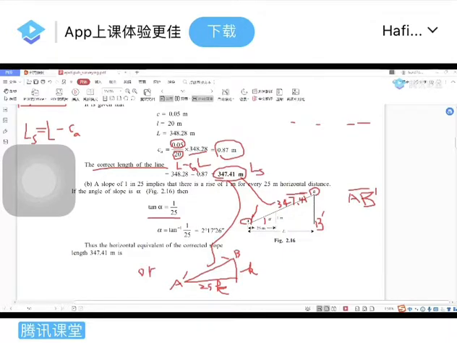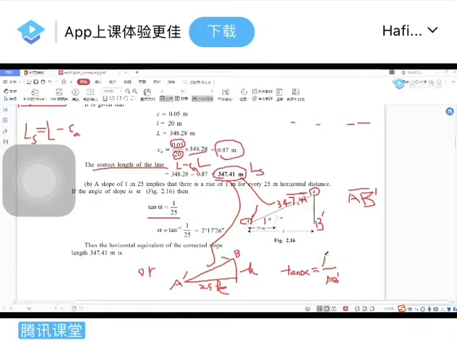Tangent alpha is the AB prime. This is based on basic trigonometry, so you have to know some basic trigonometry. Otherwise, you're not qualified to be a surveyor. Okay, so this is your AB prime. I skip the length notation.